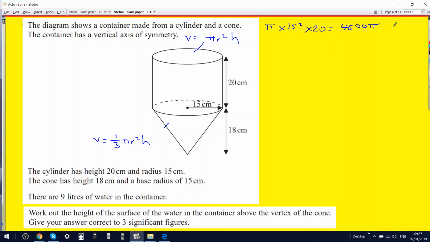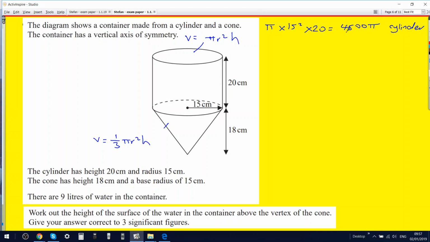Okay, so that's the total you could fit into the cylinder. And then for the cone bit, it's a third. You could just do a third of that.